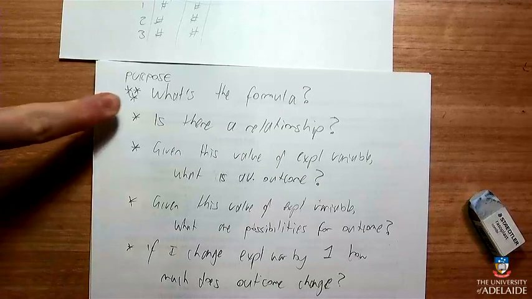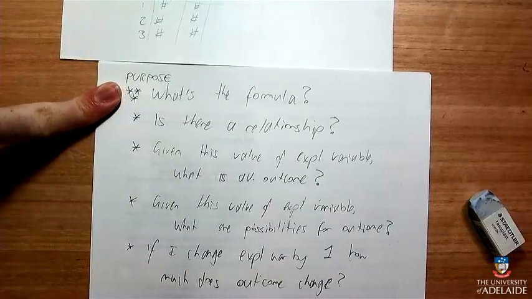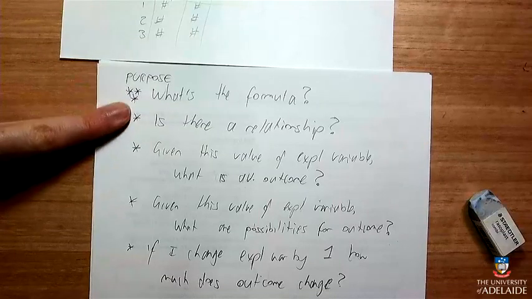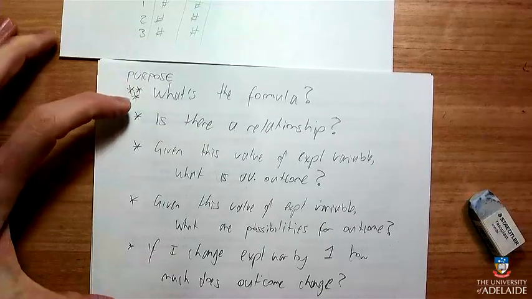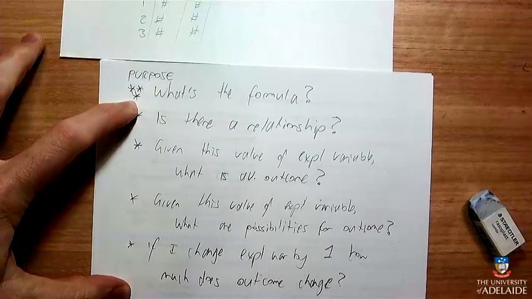This what's-the-formula question can be done no matter what your data looks like, as long as it looks roughly straight. All of the rest of these can only be answered if you know something about the distribution of the data.